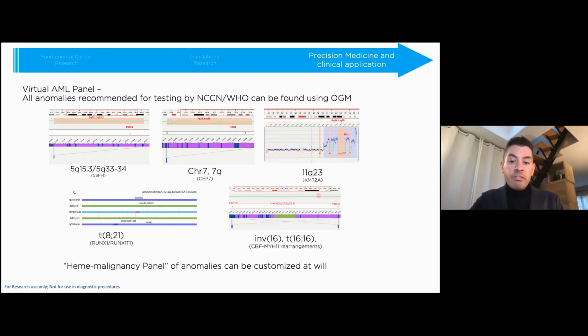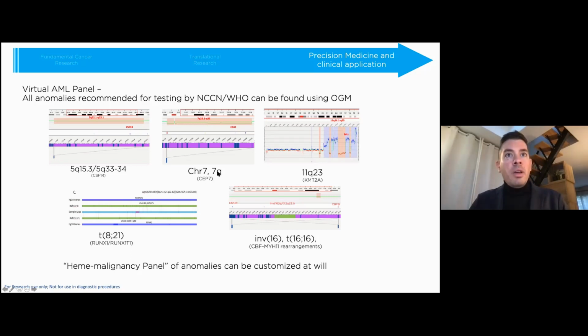We call it a bed file that will extract from the genome-wide interrogation of the genome all the events impacting the loci of interest that you listed in this file. And of course, this panel can be customized at will and combined with one another. So in this AML panel, you do have here reported 5q deletion.